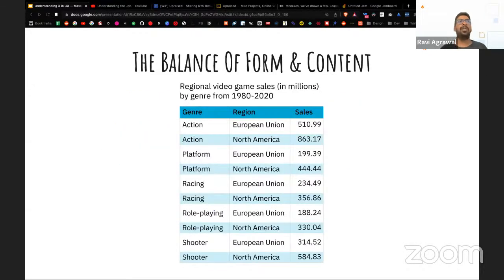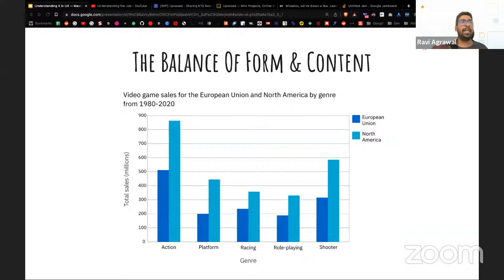To give you an example, let's say you were looking at regional video game sales divided by genres from 1980 to 2020, 40 years: what sales have happened across different regions and genres? It's very difficult to comprehend what is really going on here. There's a lot of content, but your interest won't be similar. But if I present the same content in a chart, you can start questioning: why is North America playing so many action games compared to the European Union, or shooter games?